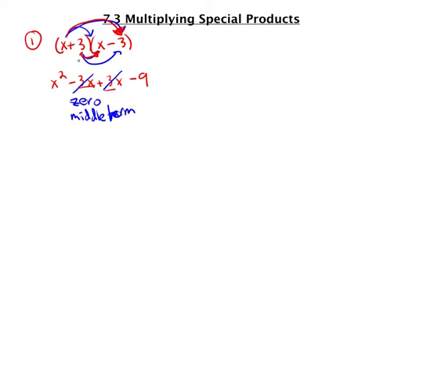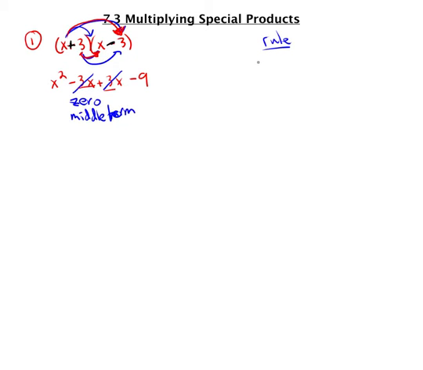But then what we also have to see is one is a negative and one is a positive. So when we think about multiplying to get that middle term, it's going to be the same terms, but they're opposites. So we can write that as a rule for mathematics using our a and b.